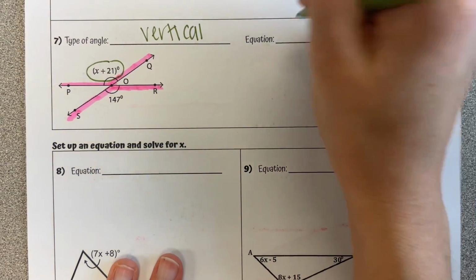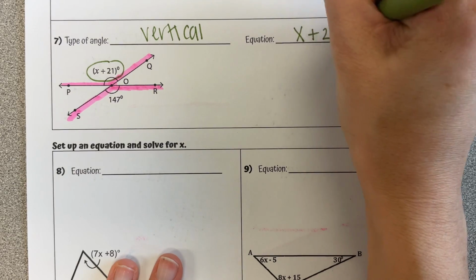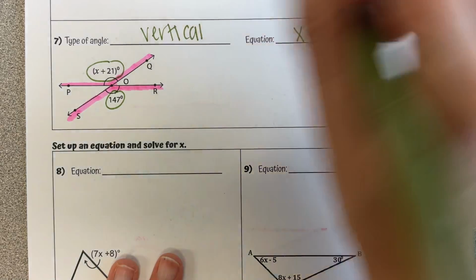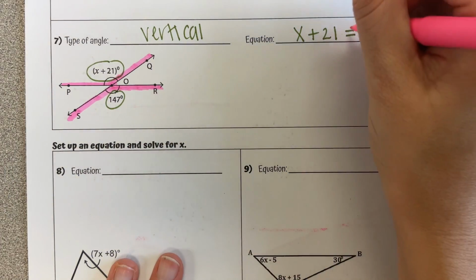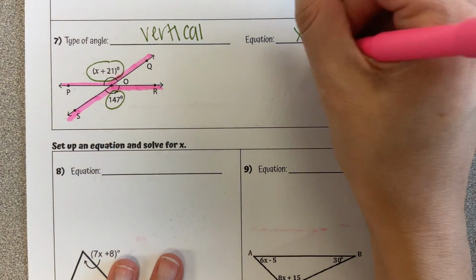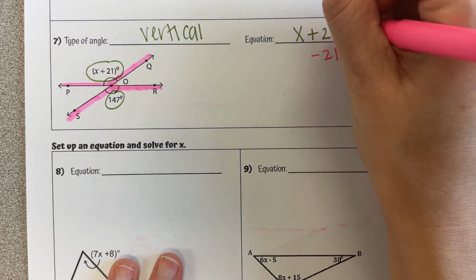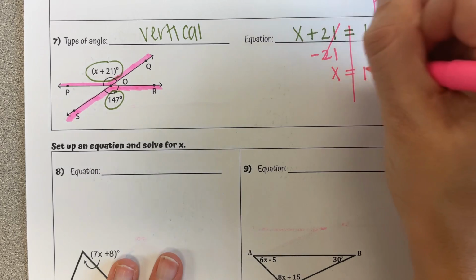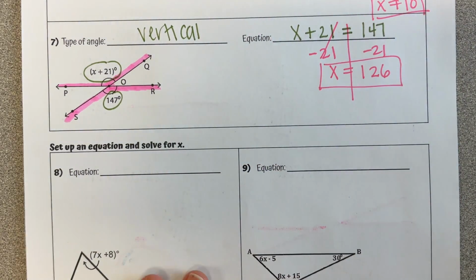So this angle of x plus 21 is equivalent to this angle of 147. And this is a basic one-step equation that we can solve by subtracting 21 on both sides, and we get x is equal to 126.